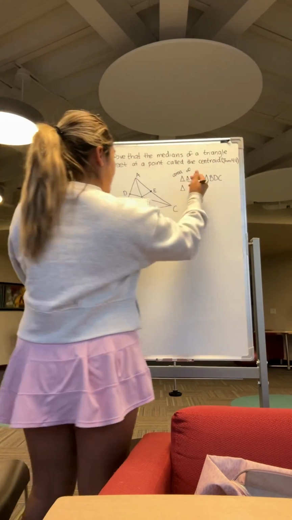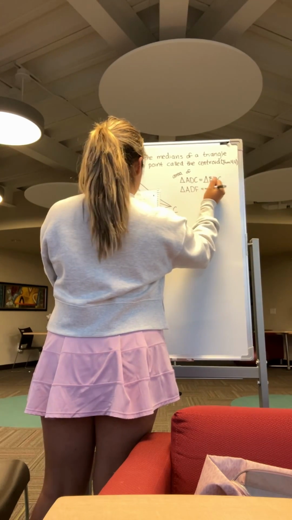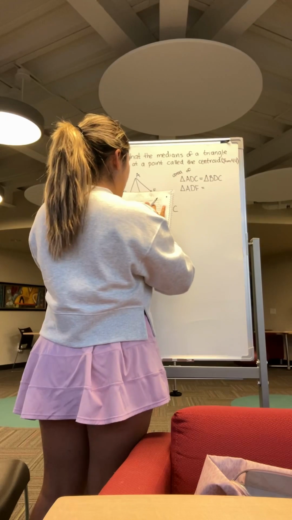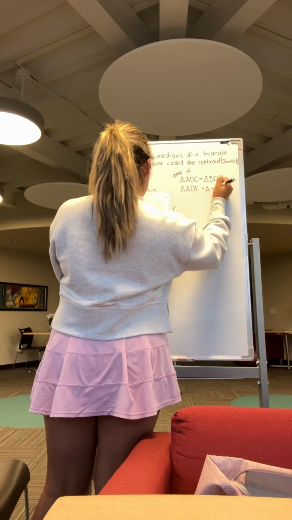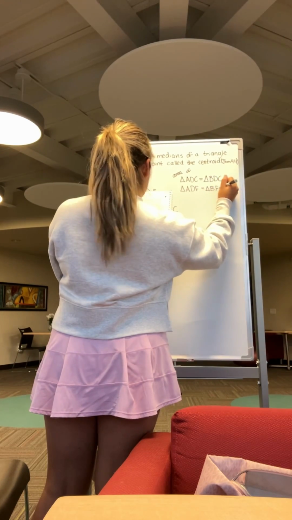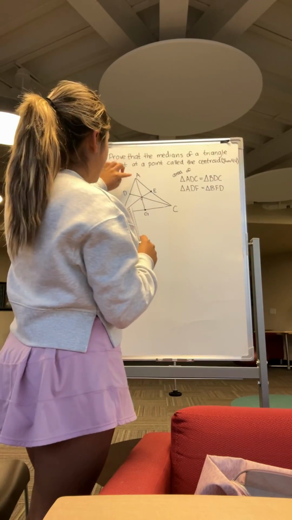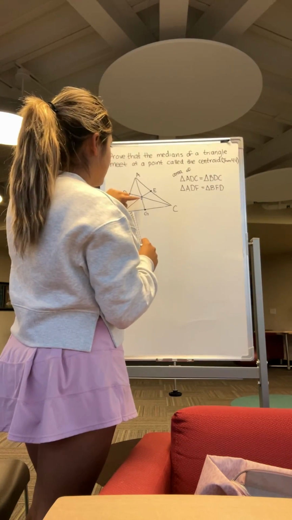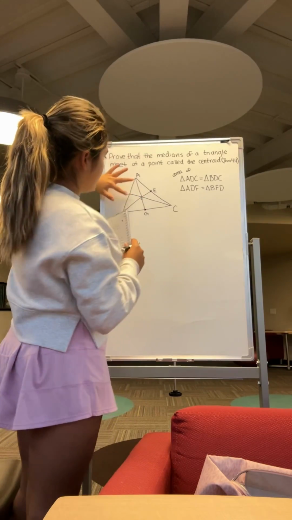Then we see that the area of ADF has the same area as triangle BFD. So ADF has also the same area as BFD. So these two triangles.